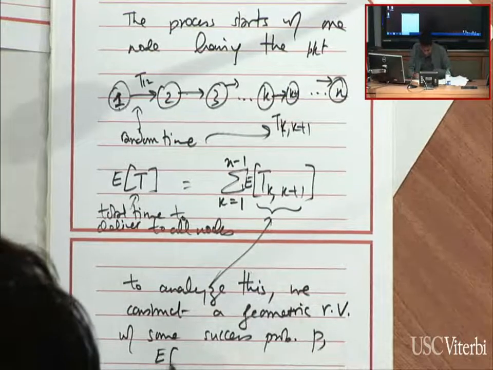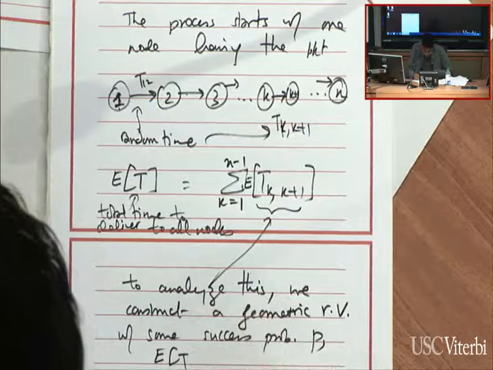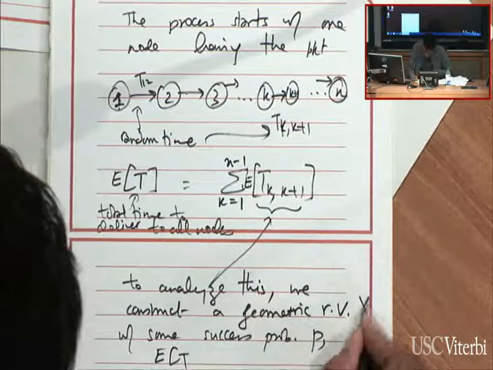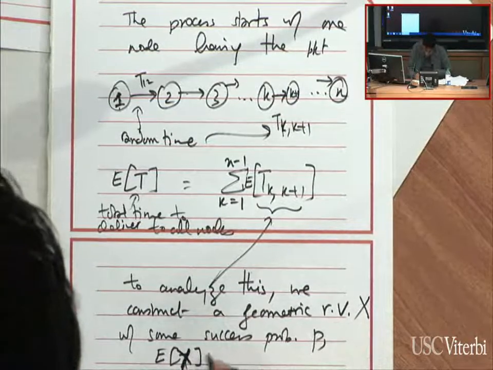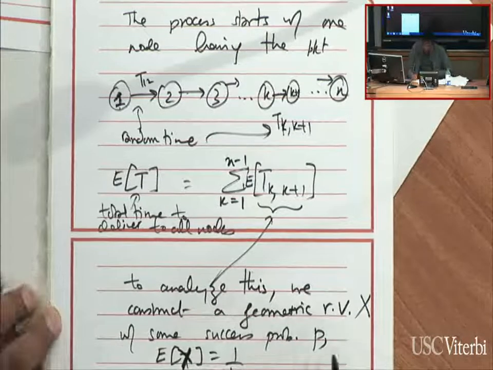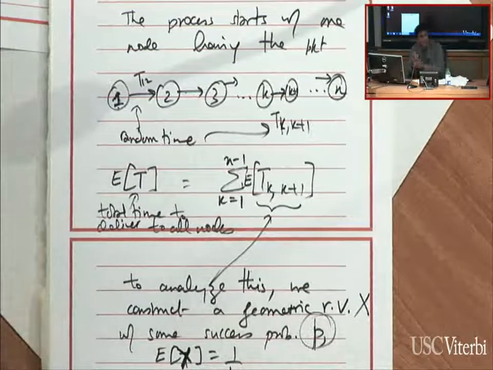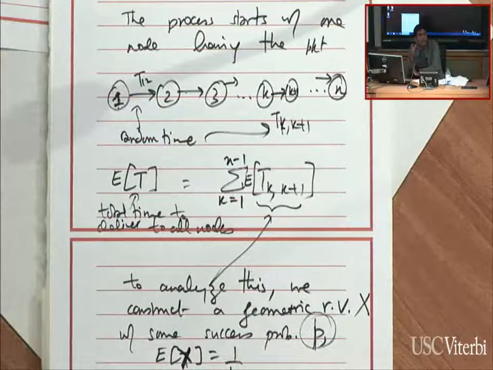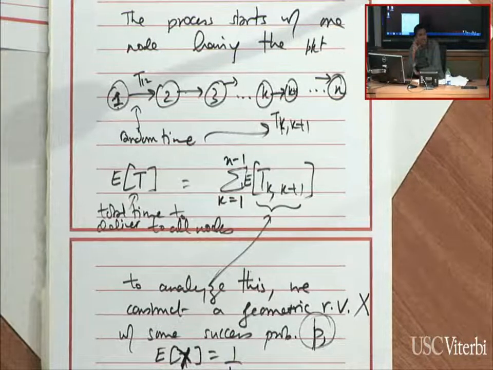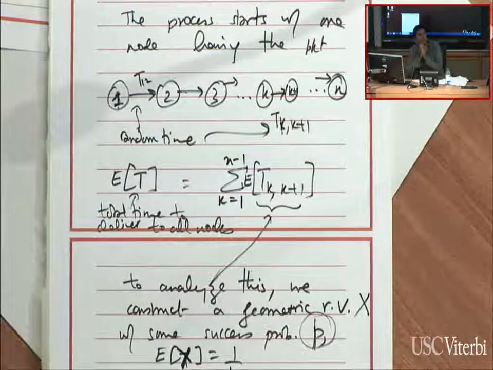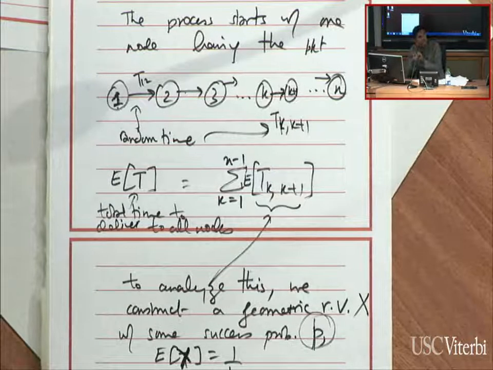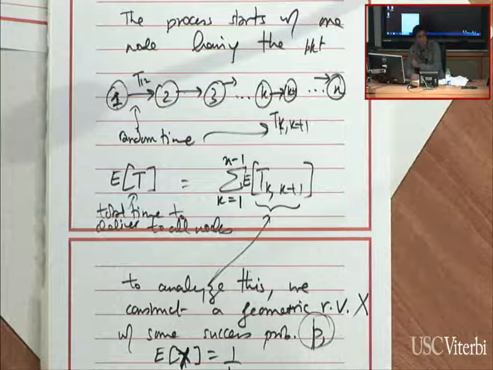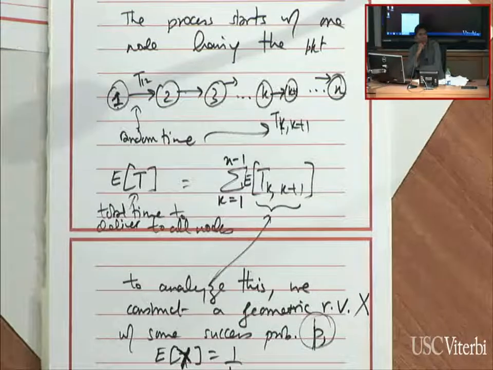The expected time for that process, if you construct some X, the expectation of X will be 1 over p. So if we can figure out the success probability, if k nodes have the packet, what's the probability that you will pick two nodes where one of them has the packet and the other one doesn't? That's going to be p. 1 over p will be the time of interest to us.